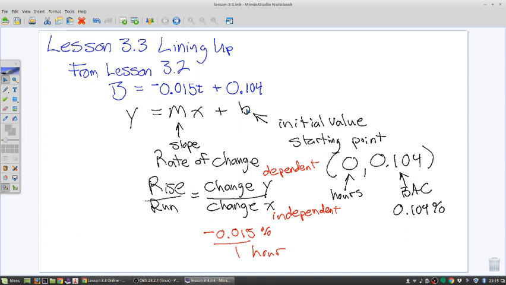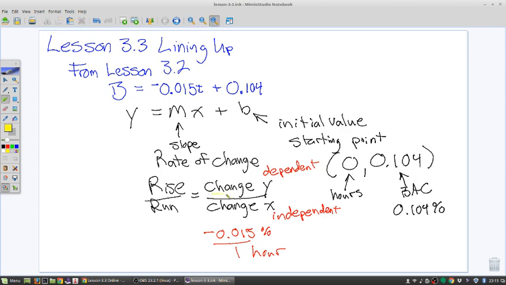So again, the linear model formula looks like y equals mx plus b. M is the slope. Slope is a rate of change, and a rate of change is a fraction where you have two things changing.